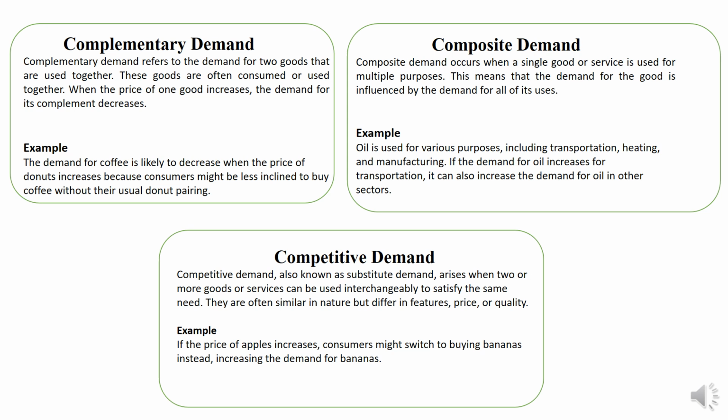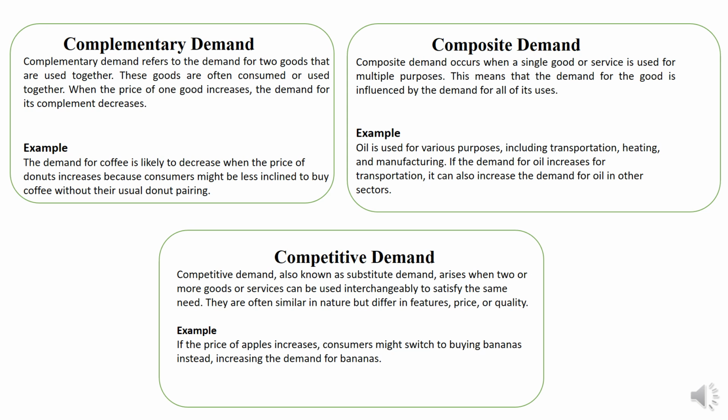So when we visit a cafe or a coffee shop, we love to have donuts and coffee hand in hand, right? So when the price of one is going high or decreasing, the other product will also see changes in demand.